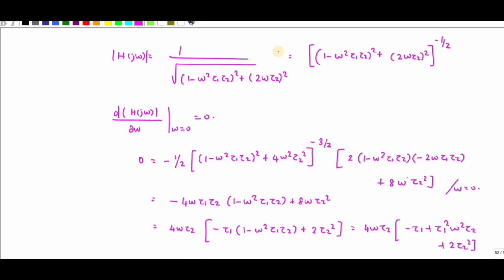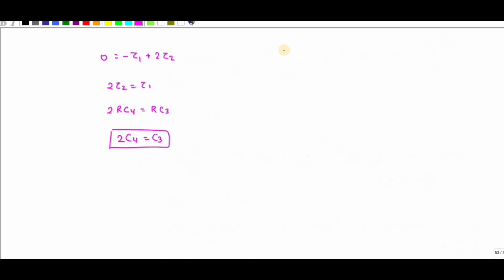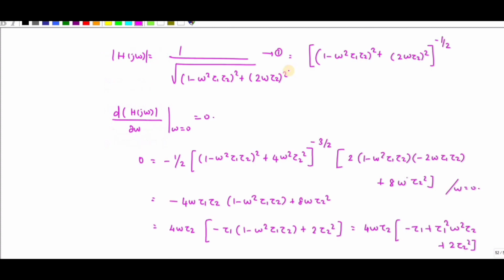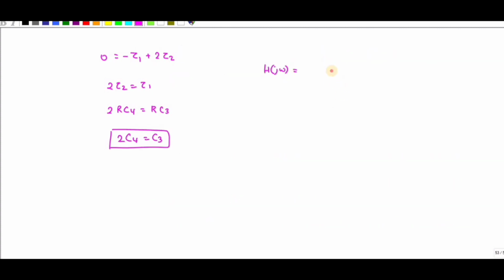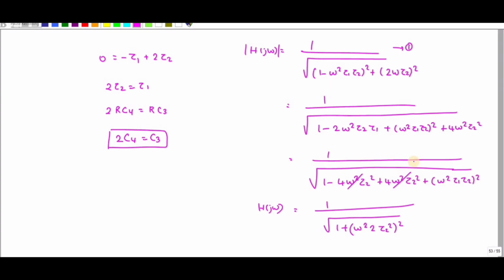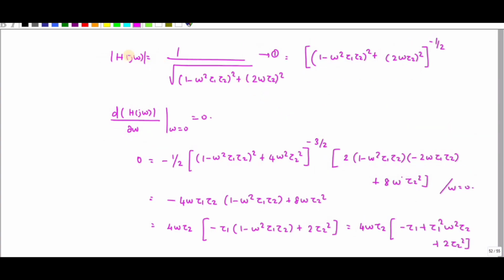So substitute in this equation. H of j omega is 1 divided by root of 1 minus omega square tau 1 tau 2 the whole square plus 2 omega tau 2 the whole square. This is your first equation.